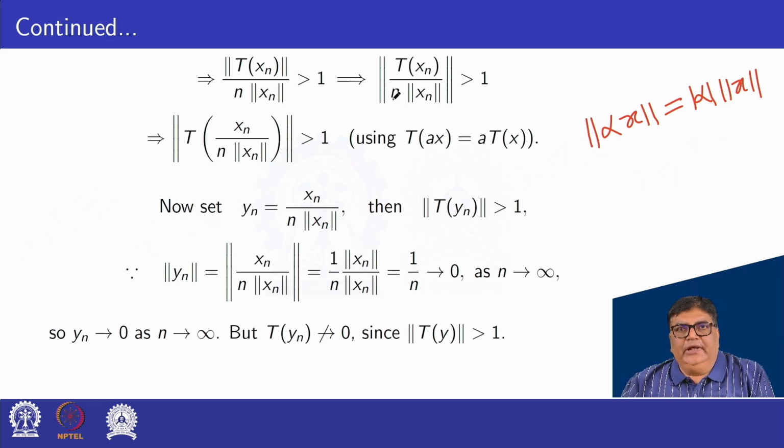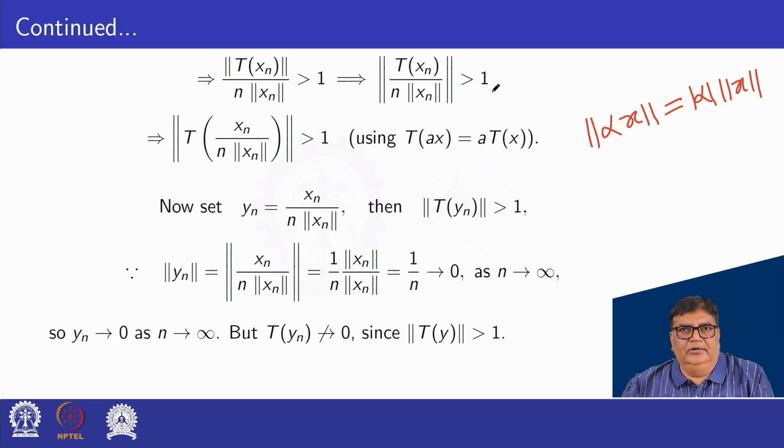Both are positive here, so this can be written as the norm of T applied to xn upon n norm xn.